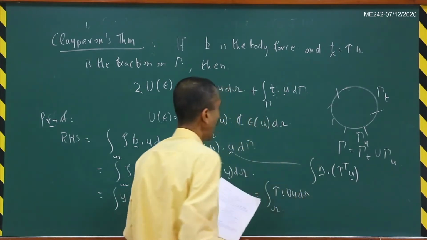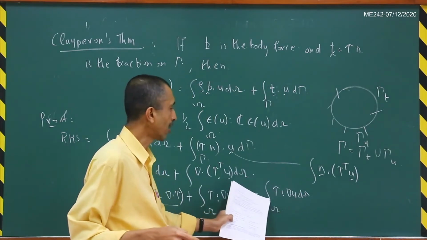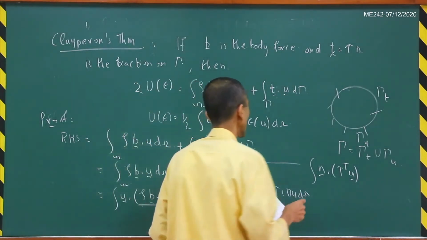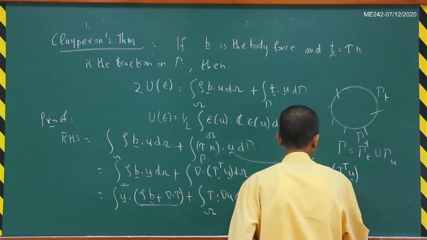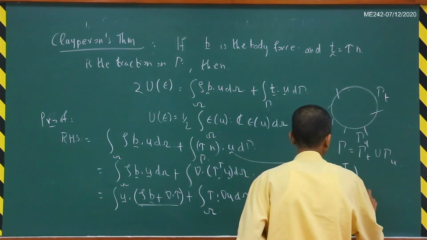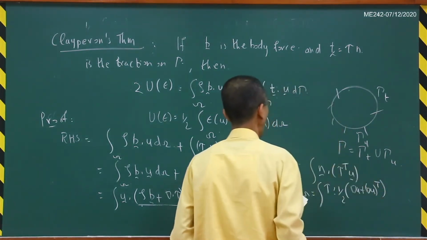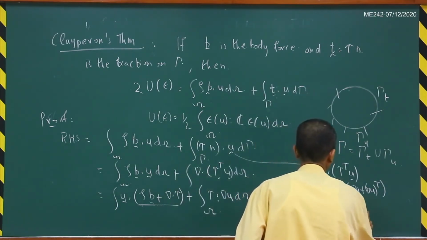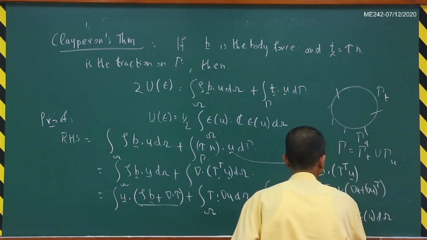And so this is equal to integral of tau matrix inner product del u d omega over omega. And because tau is symmetric, we can write this as tau matrix inner product half of del u plus del u transpose. Right? This is one of the homework problems. So this is equal to integral of tau times epsilon of u d omega over omega.